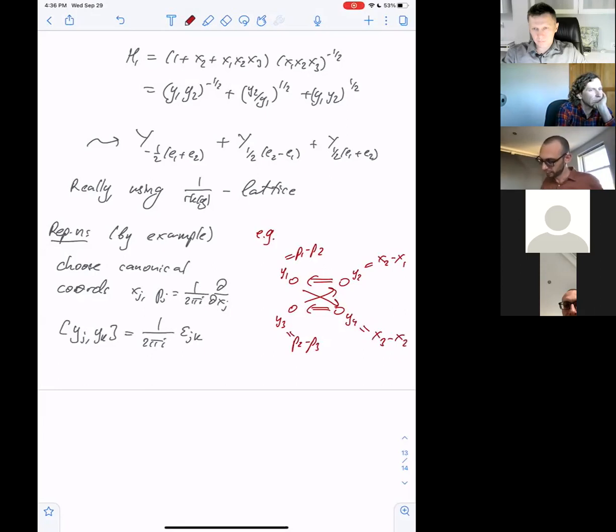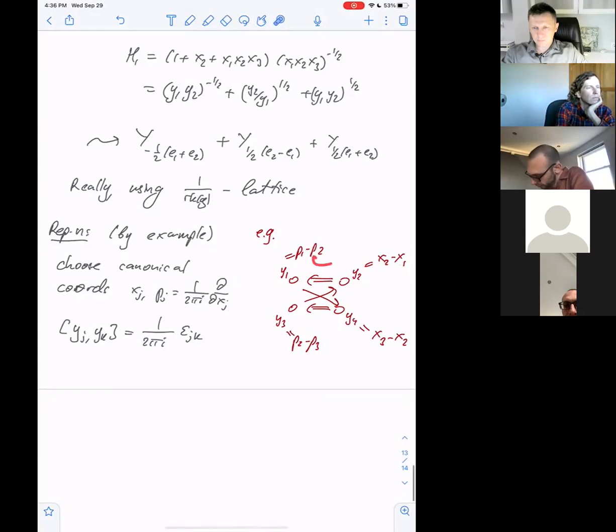Indeed, for example, the arrow between these two guys: the x2 with minus p2 will give me 1 here, and minus x1 with p1 will give me another 1. And here there's one arrow because the only non-trivial commutation relation I get is from minus p2 and minus x2.